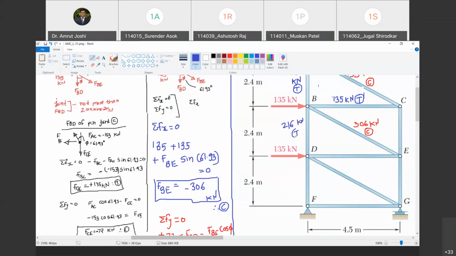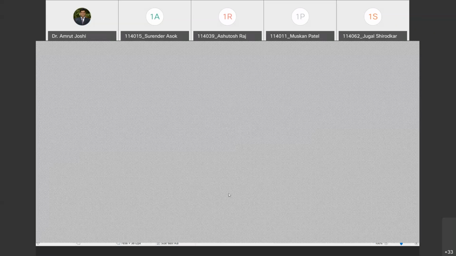Now this force, if I am correct, we have obtained using the method of sections as well in the earlier class. Do you remember that? Yes, sir. So let us cross verify that. Let me go to your class's lecture number, what was it? Lecture number 29. Yes. In lecture number 29, if you refer, no, not 29, lecture number 30.